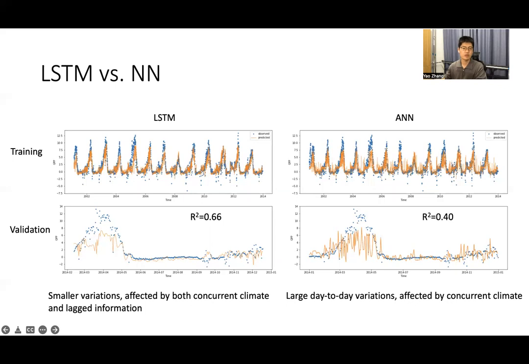The results from the neural network show very large variations, indicating that the result is affected by concurrent climate. LSTM, on the other hand, shows a clear growing season and a dormancy season, and the day-to-day variations are smaller, indicating that the LSTM can represent some slow varying process, which is important for the GPP predictions.